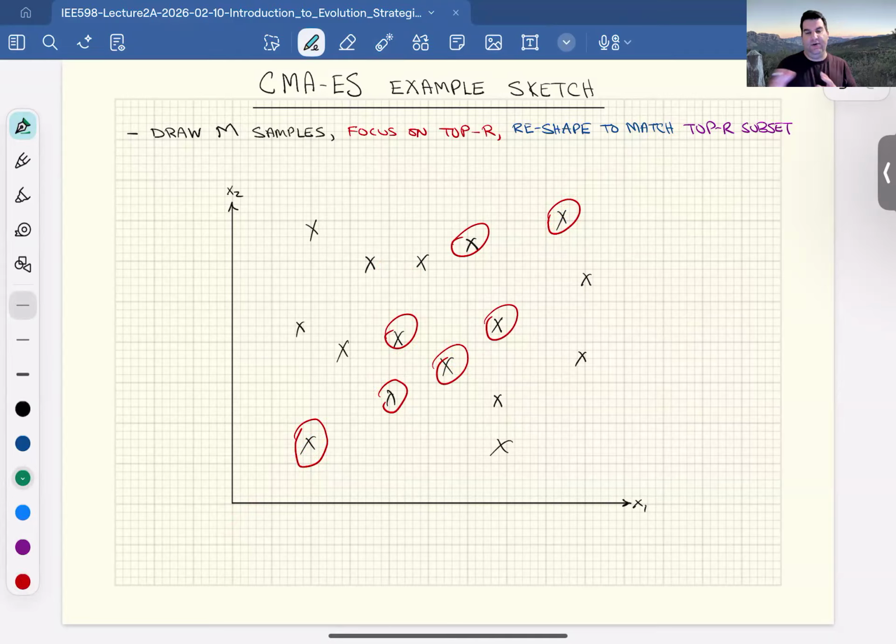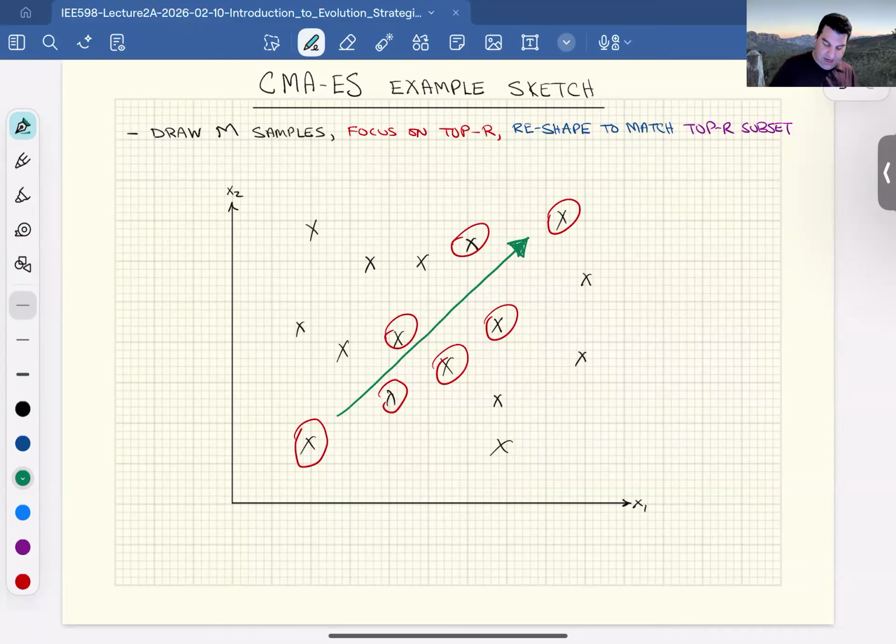It will tell us not only where the highest variance is, but it'll also generally tell us that the natural gradient, or the CMA-ES approximation to the natural gradient, is roughly in this direction.